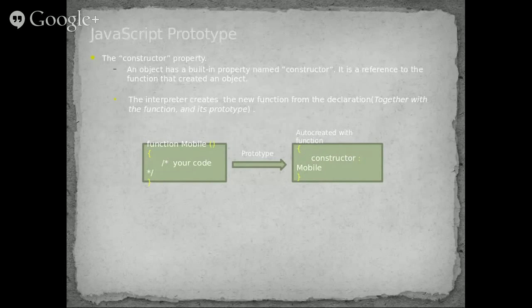When you create an object of this mobile class, this prototype property becomes underscore underscore proto, and the JavaScript interpreter uses this internally. It can be accessed in modern browsers, but other browsers do not support it. The original purpose of underscore underscore proto is for the JavaScript engine to use the prototype property. I hope many of the developers already know about underscore underscore proto, right?